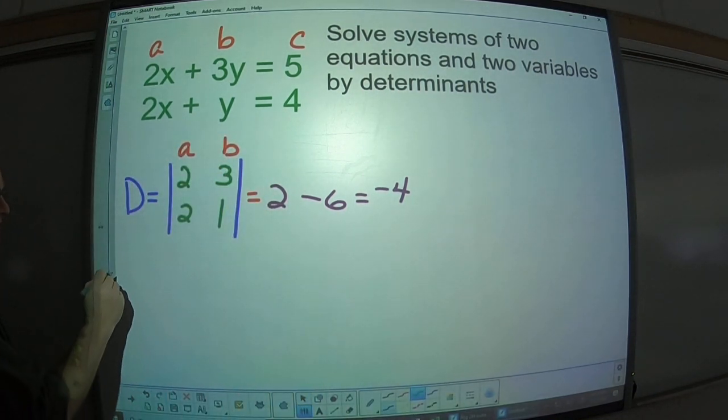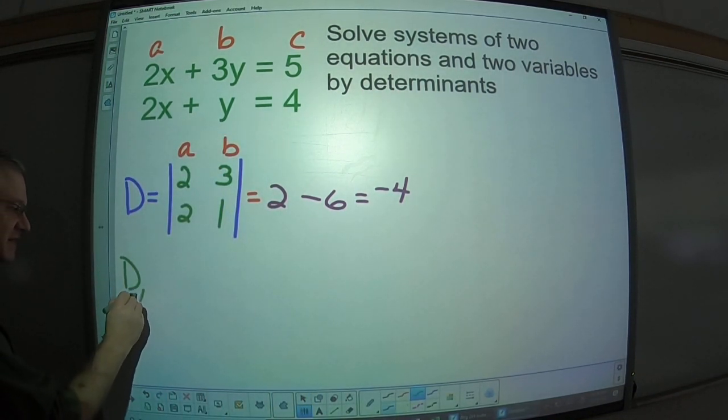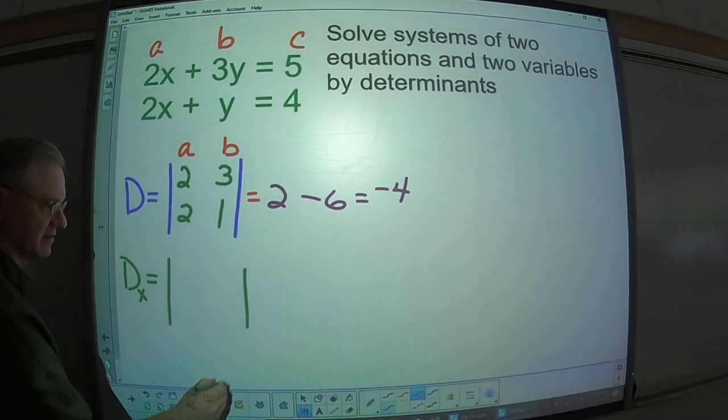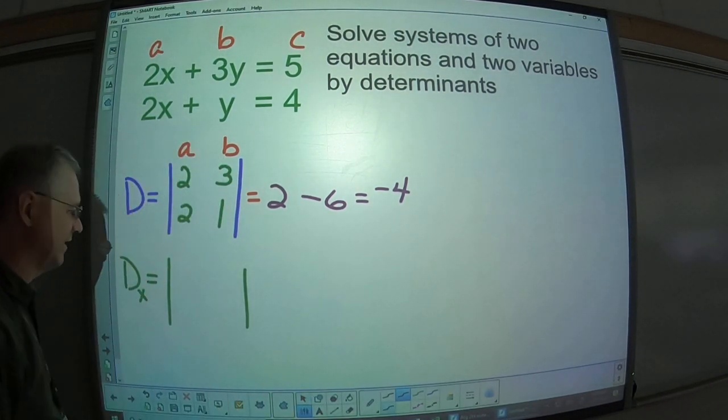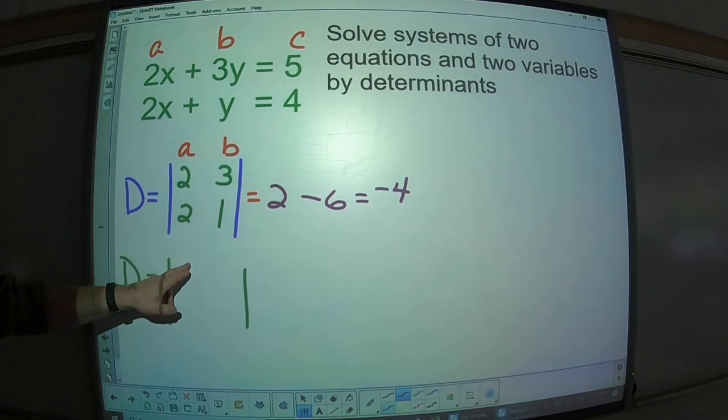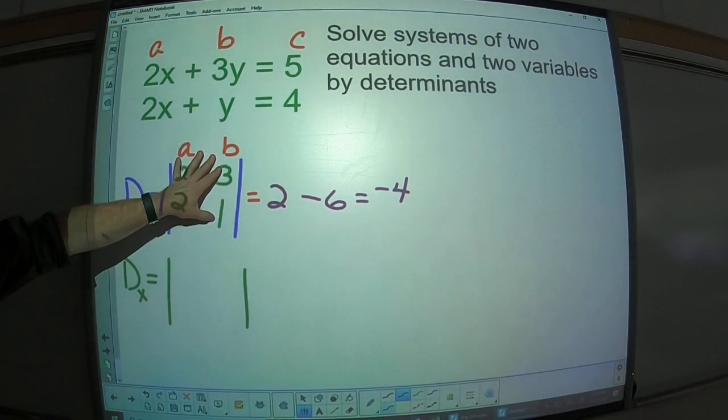The next determinant is D sub x. Now you might be a little hesitant on this one as to what all that is. That means I'm going to replace the x column. It's still going to be AB, right?